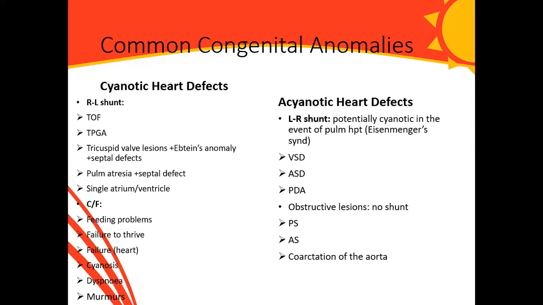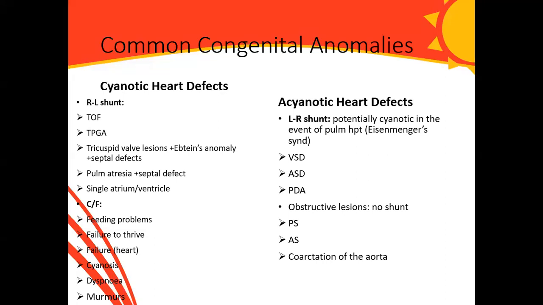And we have different types of right to left shunt leading to cyanotic heart disease: the tetralogy of Fallot, the transposition of great arteries, the tricuspid valve lesions with Ebstein's anomaly, pulmonary atresia and septal defect. Or you can have a patient with single atrium and or ventricle. So this will lead to right to left shunt with cyanosis developing.